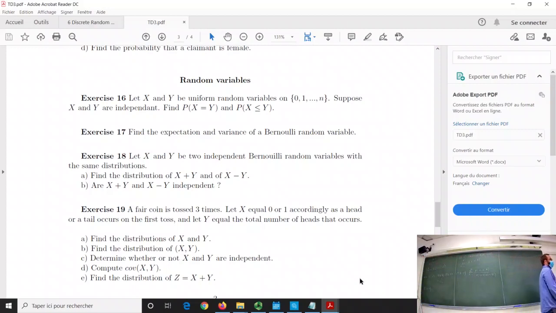And why is it interesting to write the thing this way? Because I have the probability of an intersection and I have a hypothesis in my statement, that is, they are independent. So all the related pre-images are independent, in particular this one, the probability of the intersection is equal to the product of the probabilities.